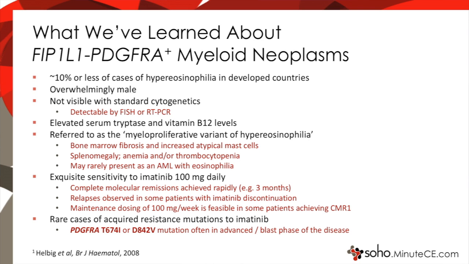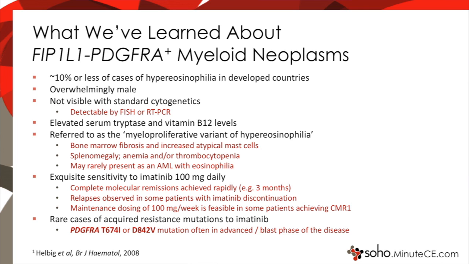It's very noteworthy that these individuals are exquisitely sensitive to treatment with imatinib at doses lower than those used in CML, for example, 100 milligrams per day. Patients rapidly achieve hematologic and complete molecular remissions, and these patients have durable response to imatinib and very good survival.